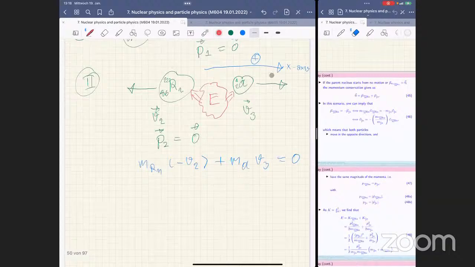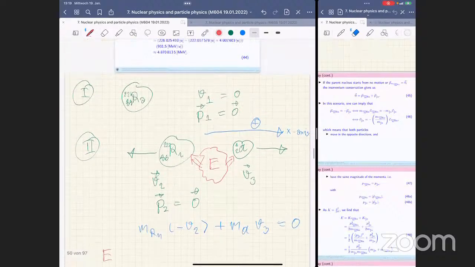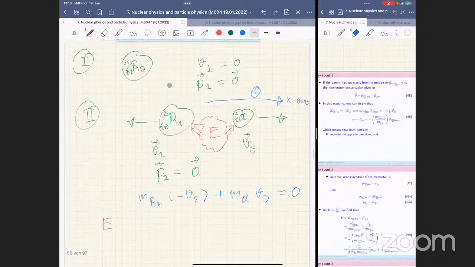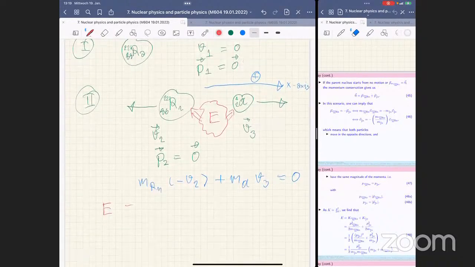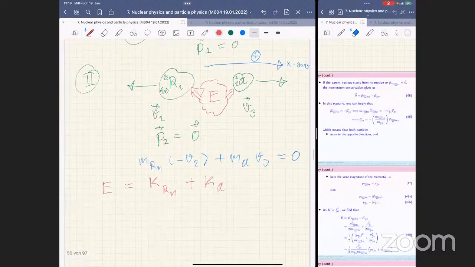So E, the energy from the calculation here, 4.870 and so on, will be divided into the kinetic energy of radon plus the kinetic energy of the alpha particle, right? That's the main thing.